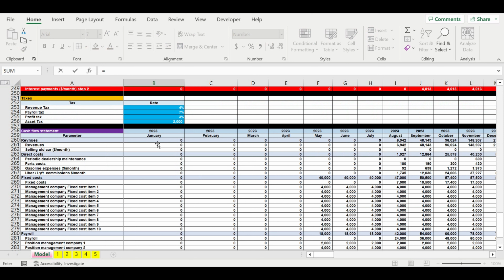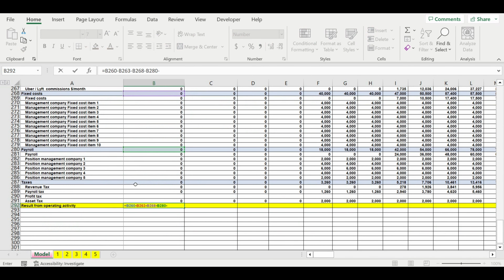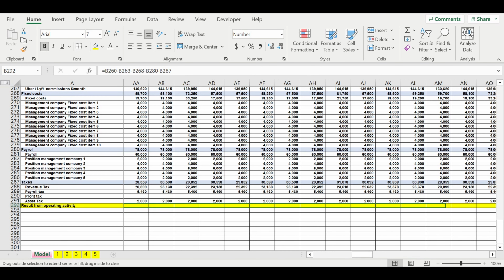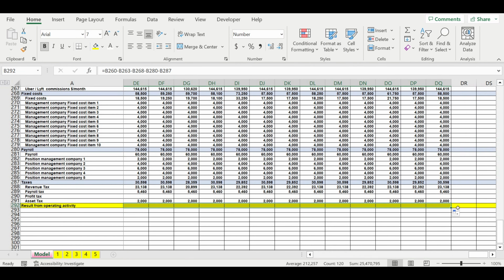So we'll take revenues minus direct costs minus fixed costs minus payroll minus taxes. Now let's move forward.